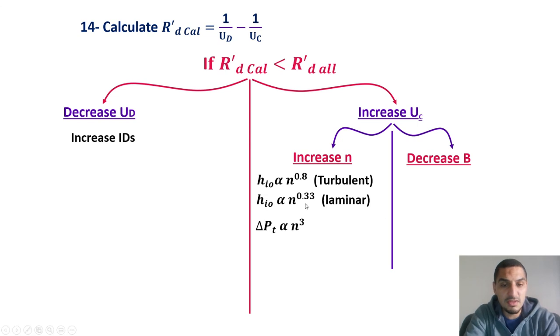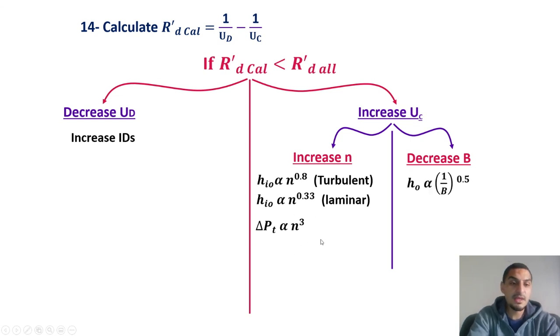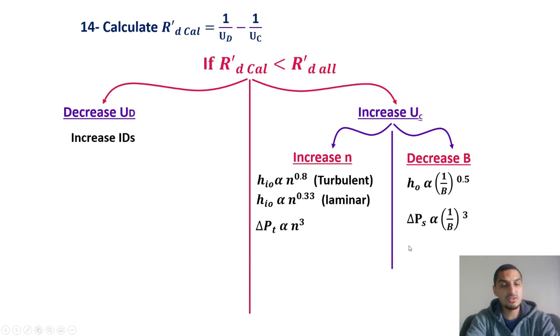So it's going to affect the heat transfer coefficient in the tubes, and this will have an effect on the pressure drop. So if you increase the passes, then it's going to increase the heat transfer coefficient, and it's increasing the pressure drop a lot. This is to the power of 3. It's a very big effect. And again, for the baffle spacing, you are increasing the heat transfer coefficient in the shell, and again, it's increasing the pressure drop in the shell.